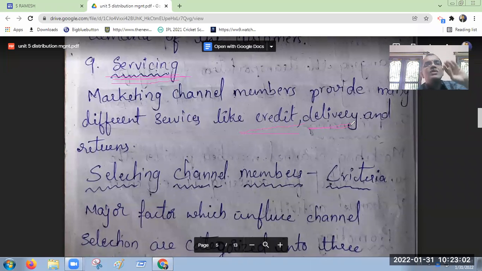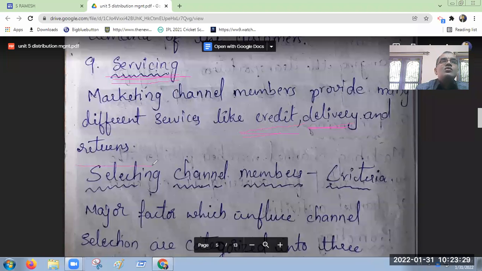Online booking, if you make a phone call, several shops nowadays have started this service. If you are purchasing goods worth more than a certain amount, door delivery is possible. Minimum is 500, minimum is 1000, or some shops are coming forward to deliver goods free of cost. So they are providing different kinds of services like credit facility, delivery, and return also.